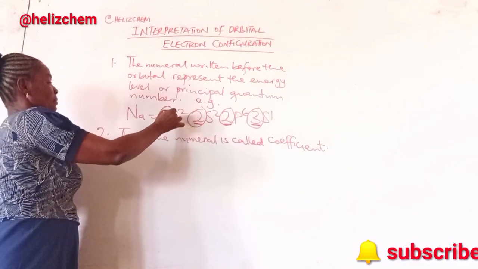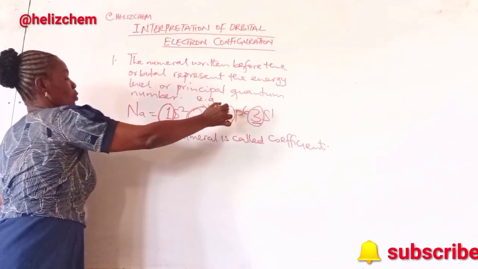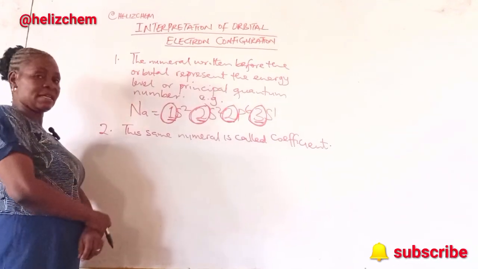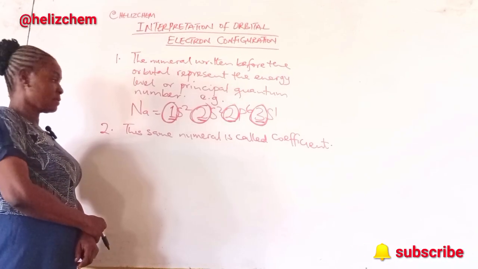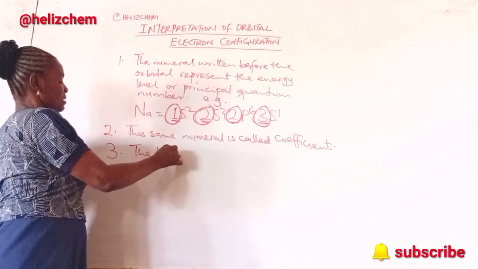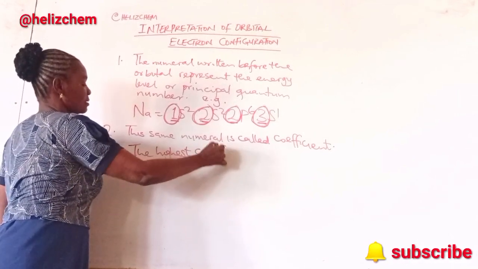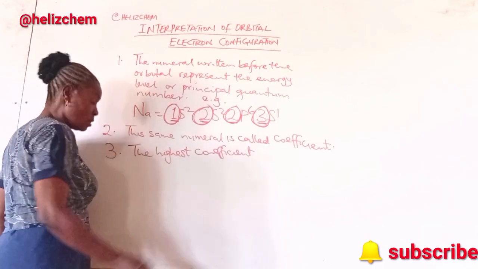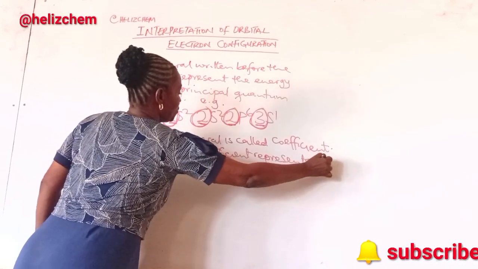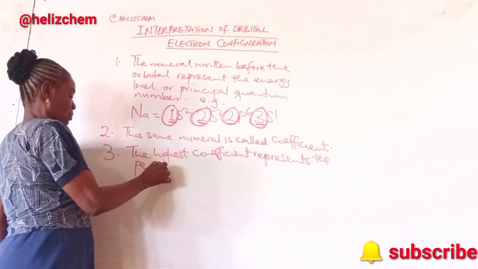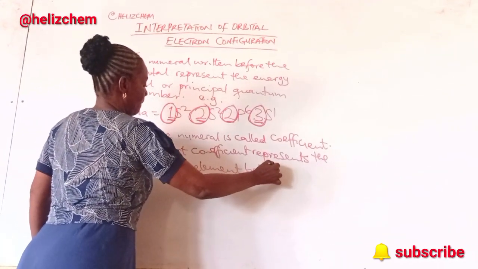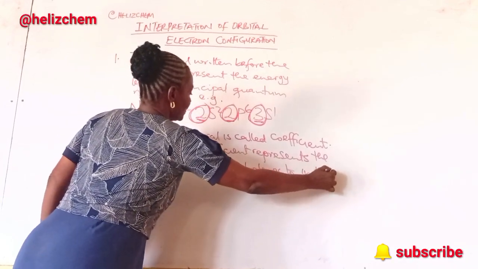This 1, 2, 2, and 3, they are regarded as coefficients. 3, the highest coefficient represents the period an element belongs to in the periodic table.